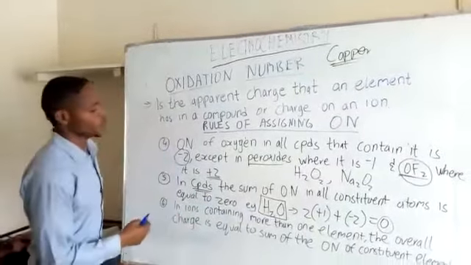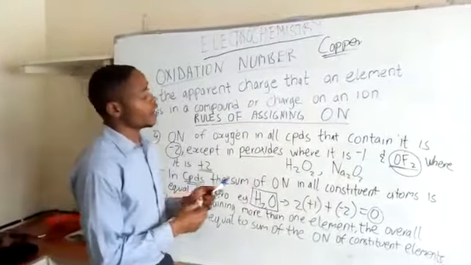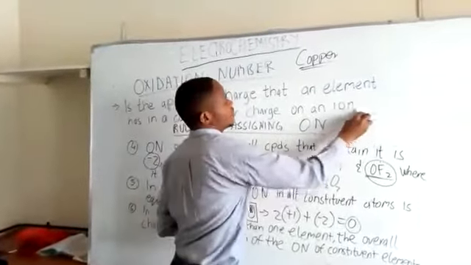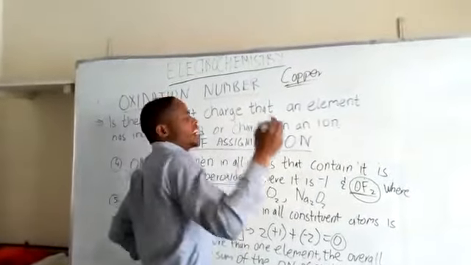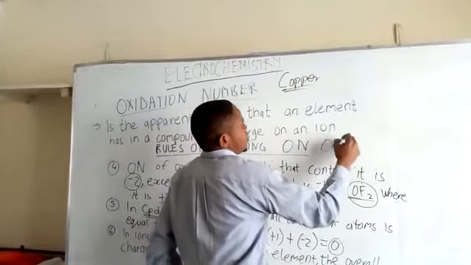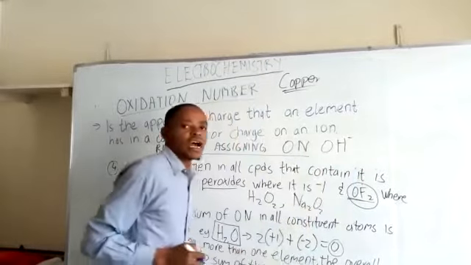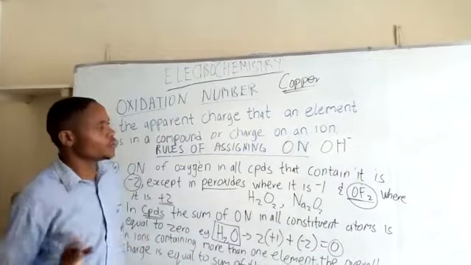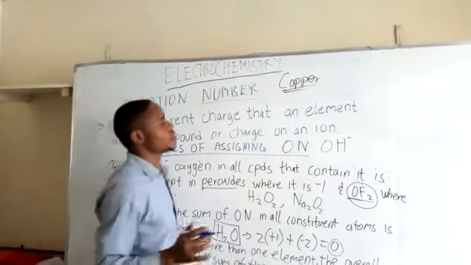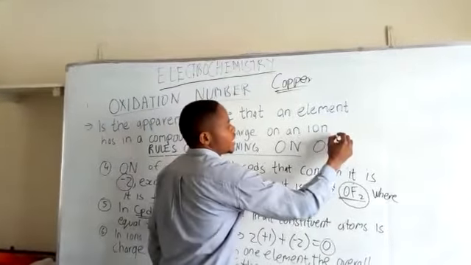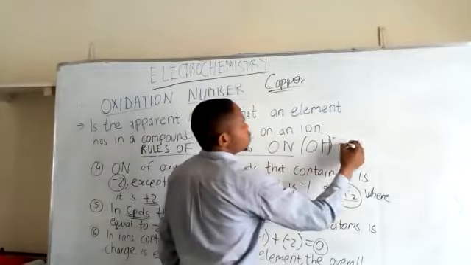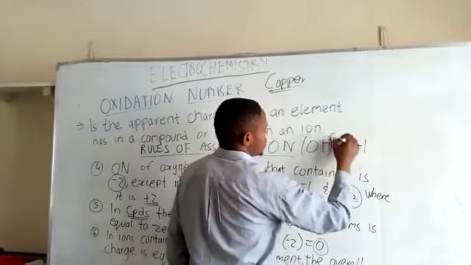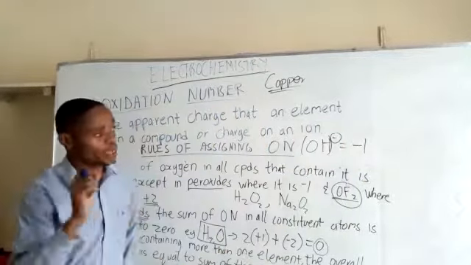So I'm going to give you an example. For instance, we can have any radical, like the OH ion. We can conclude that the oxidation number of this ion should be -1, because it has a charge of minus there.